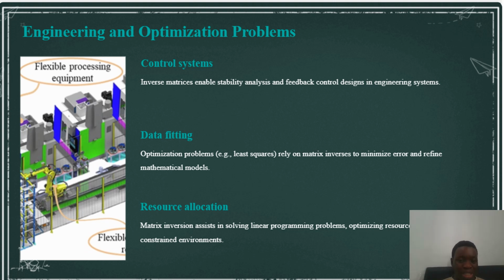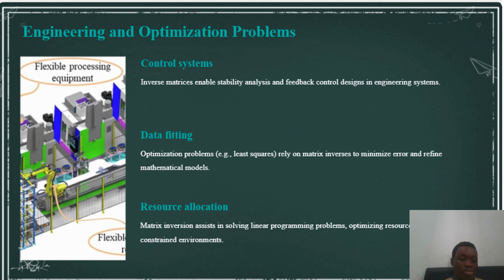In data fitting, especially methods like least squares, they are used to minimize error and improve the accuracy of models. And in resource allocation, matrix inverses support solving optimization problems, helping us use limited resources efficiently.